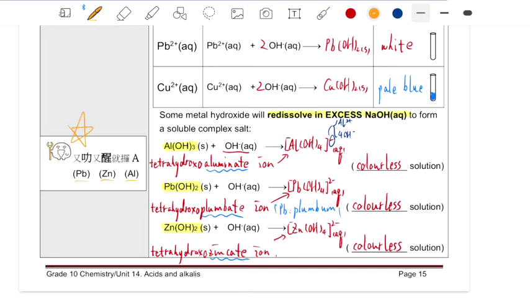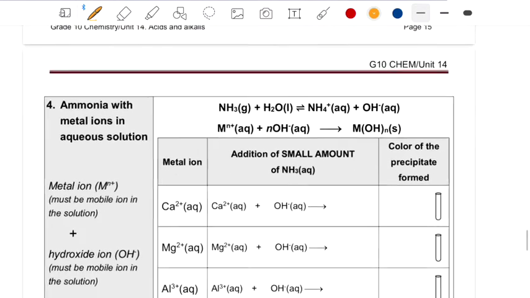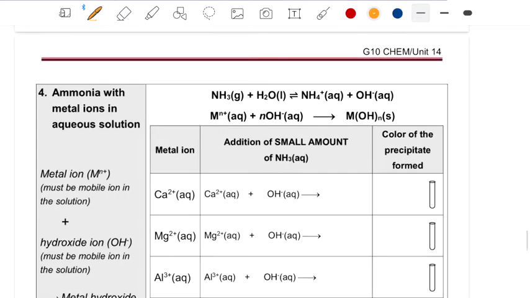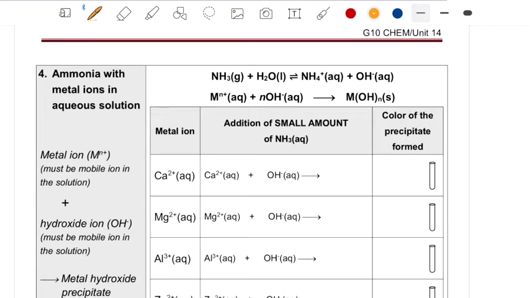And then we can move on to the last type of reaction, ammonia with metal ions in aqueous solution. Similarly, but a little bit different to type 3. For this one, we have ammonia gas.